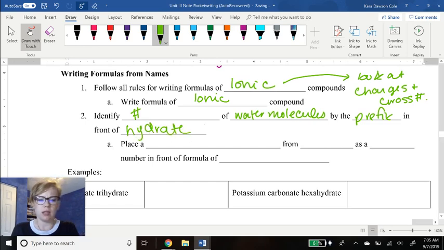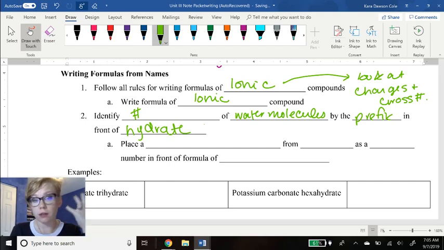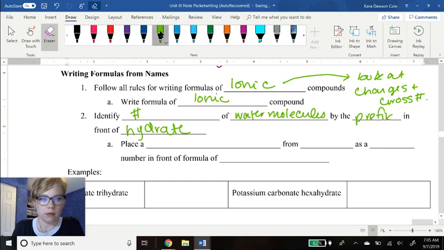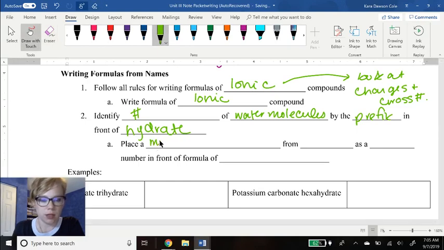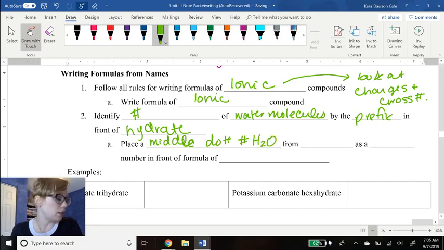So with these, always think like I'm hydrating, I'm drinking a ton of water, right? So if I hydrate, I'm drinking a ton of water. So that's what hydrate means. It's got water, okay? So to write the formula for this, place a middle dot, and then the number of water molecules, number of H2O, from the prefix.